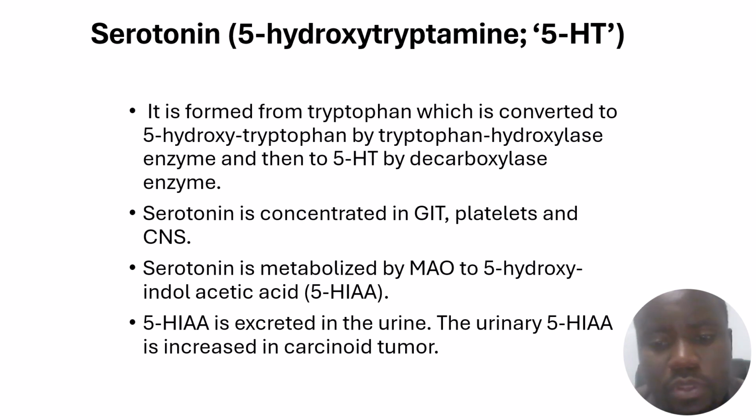We continue with Autacoid pharmacology, and here we are discussing serotonin, also chemically referred to as 5-hydroxytryptamine or 5-HT in short, because it is derived from tryptophan, an amino acid.